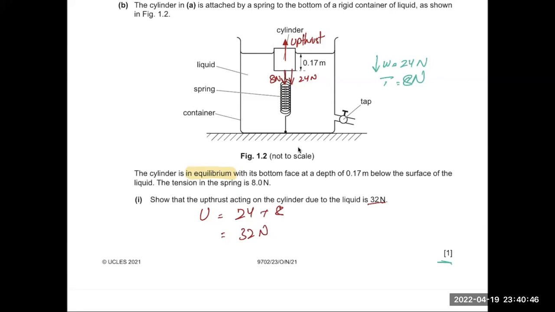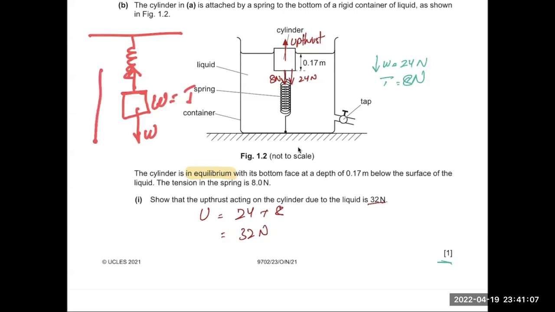That's a misconception. If this cylinder was instead hung from the top using a spring, then the tension would act in the opposite direction to the weight. The weight would be downward, the tension would be upward. And in that case, if it's in equilibrium, the weight would be equal to tension.